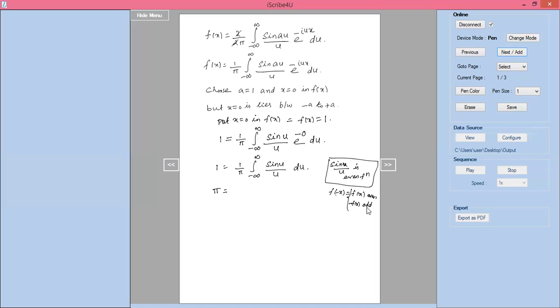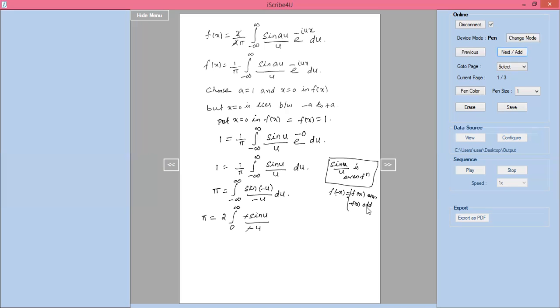So now pi equal to the integration from minus infinity to plus infinity of sine of minus u divided by minus u into du. Whenever it is an even function, I'll write pi equal to 2 times the integral from 0 to infinity. This is already proved to be even.